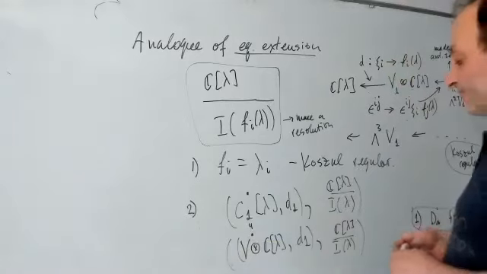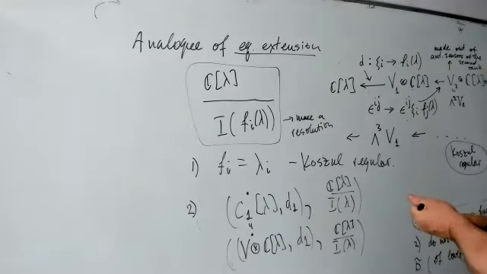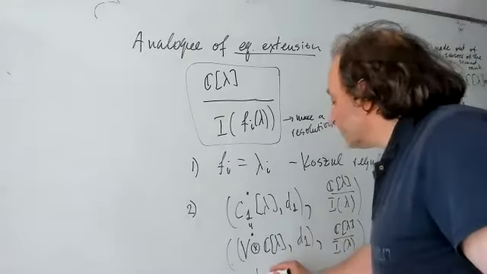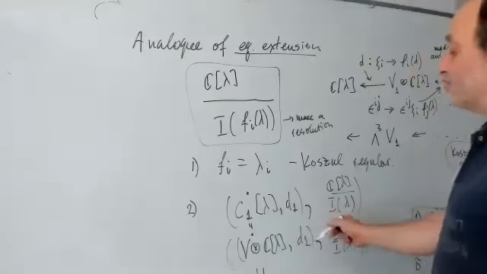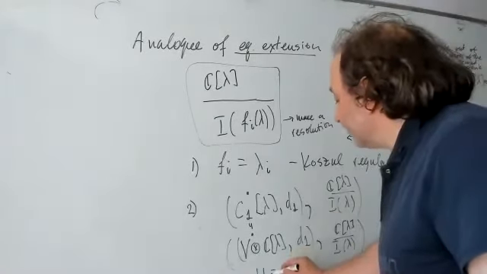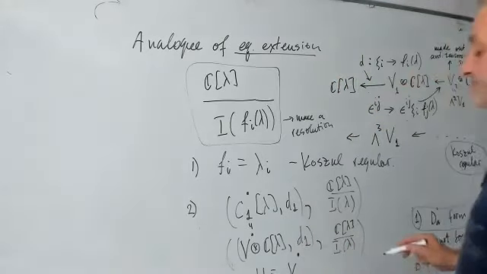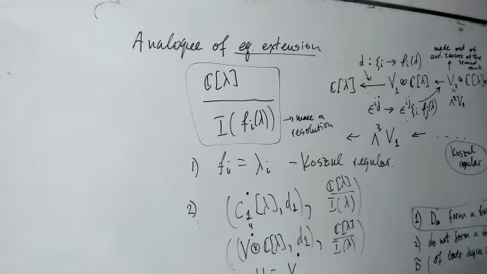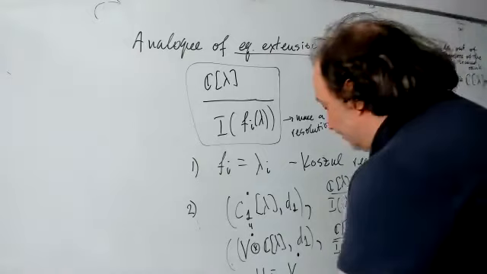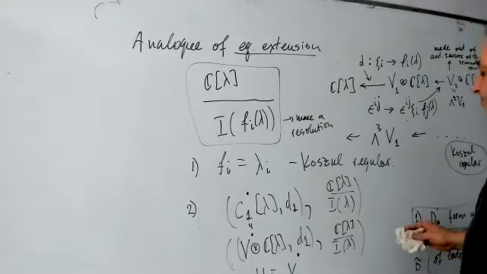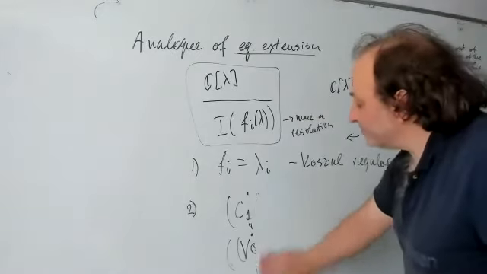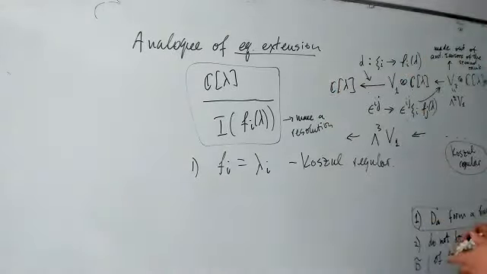So the answer for cohomology would be: here we will have no differential at all, so the answer would be just V star, because in taking a tensor product, I'll have to put lambdas to 0.